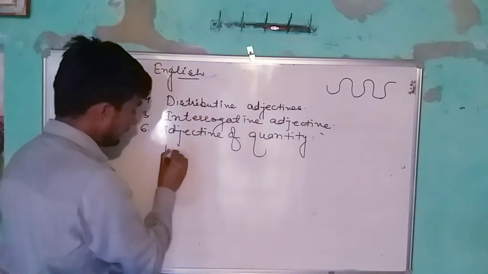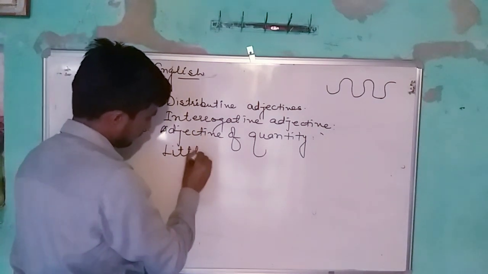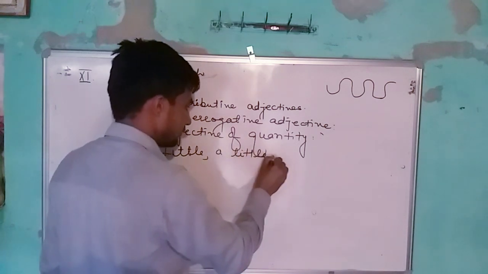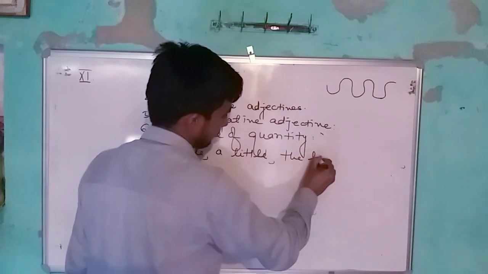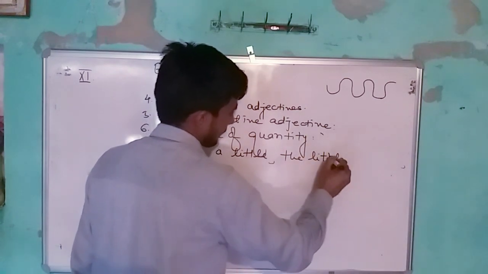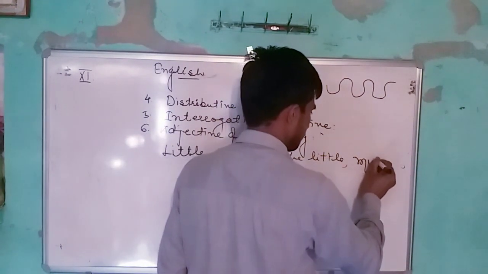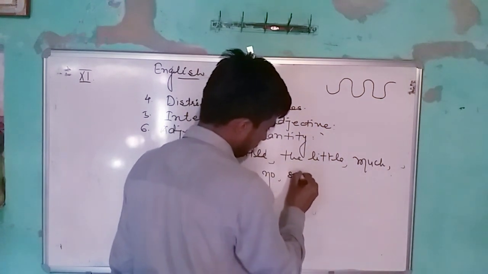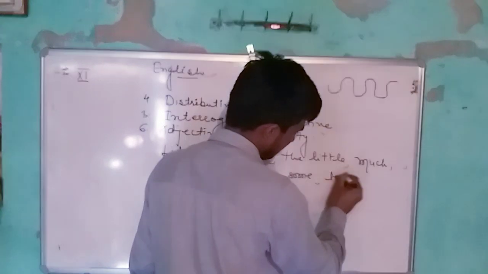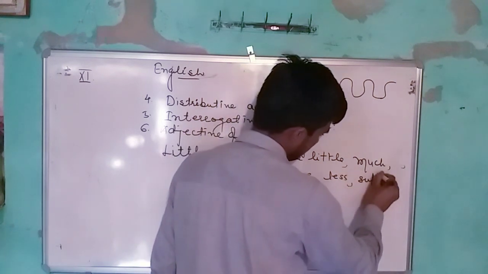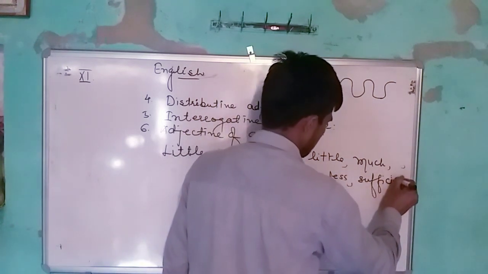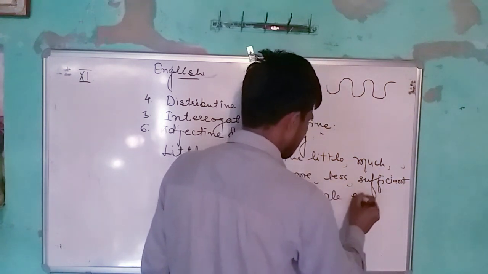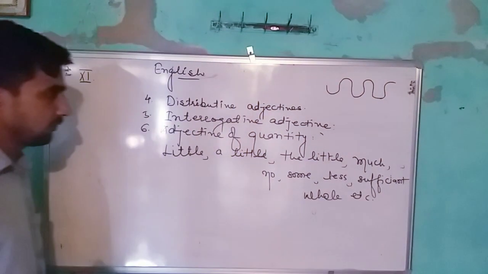For example, little, a little, the little, much, no, some, less, sufficient, whole, etc. These are adjectives of quantity.